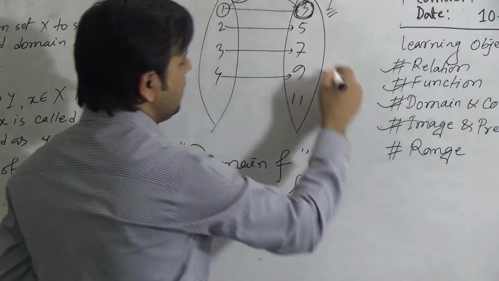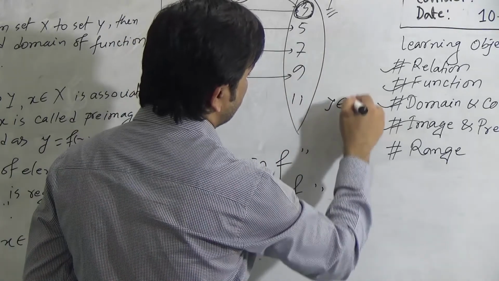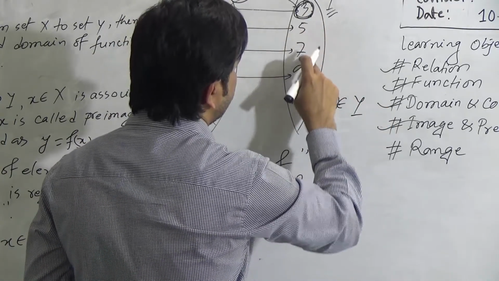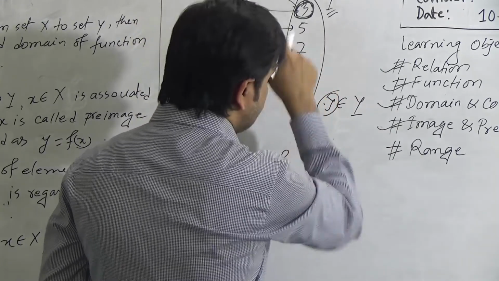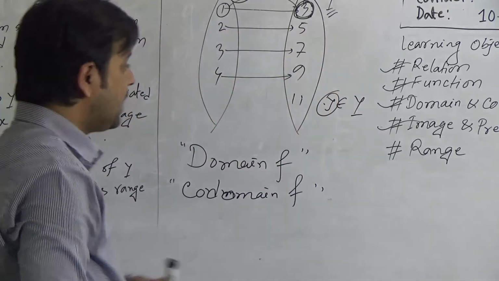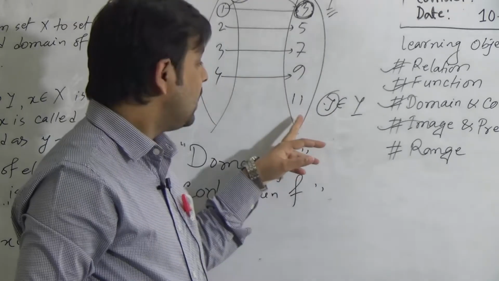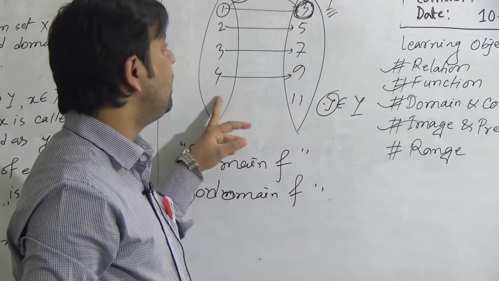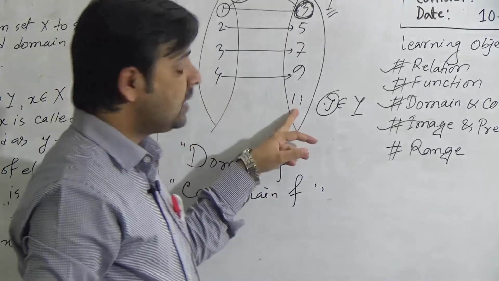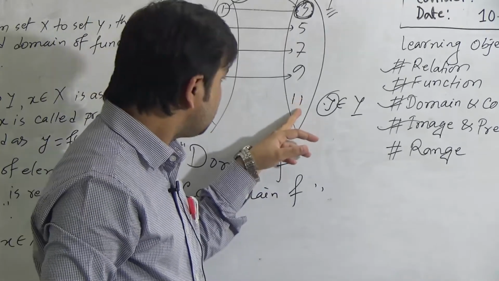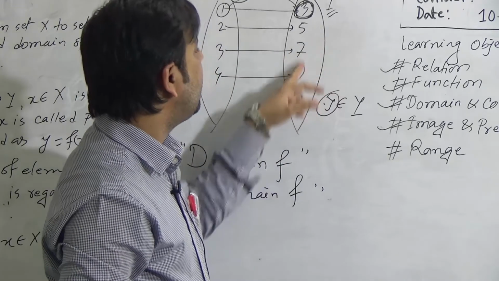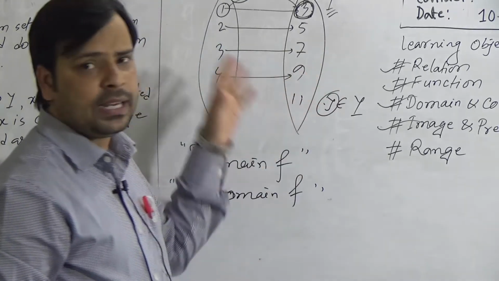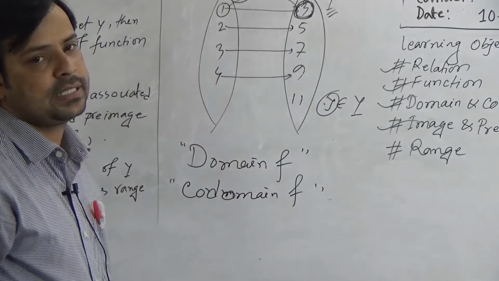If we denote this by y, that means y belongs to Y. So the values of y are 3, 5, 7, 9. These are the images, but this 11 does not correspond to any element of x, so this is not an image. Except 11, the rest of the elements are the images of some element of x.